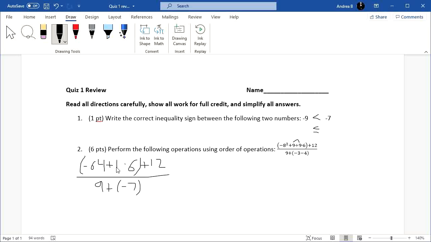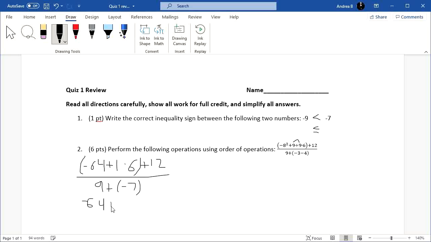Next, we can continue in the numerator, because remember, whenever you have a fraction bar, you do the numerator and denominator separately. So in the numerator here, we'd have -64 still, and then plus, and then we can do this 1 times 6 next.